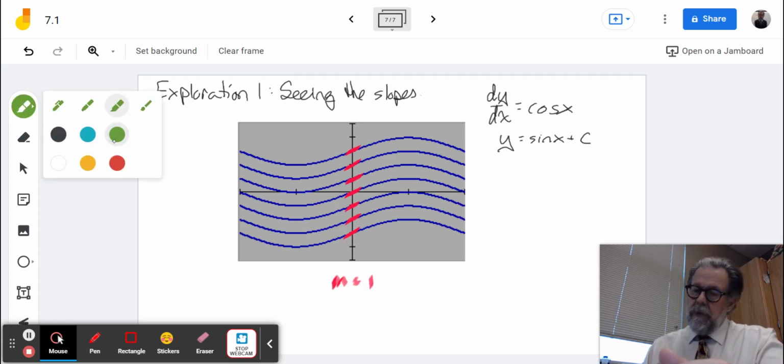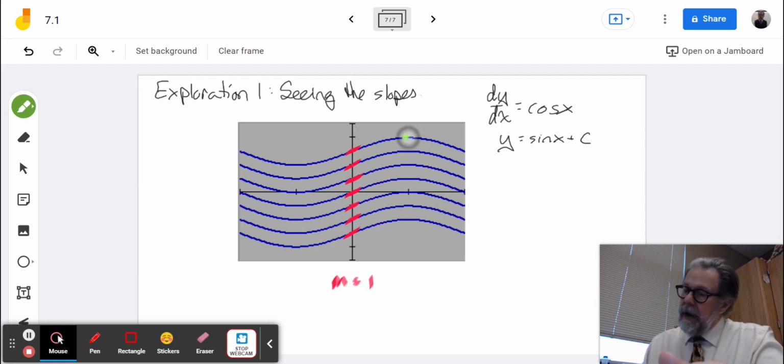So let's look at some other points. Well, how about here? The slope of this graph at pi over 2 will always be equal to 0. And at negative pi over 2, the slope will be equal to 0.